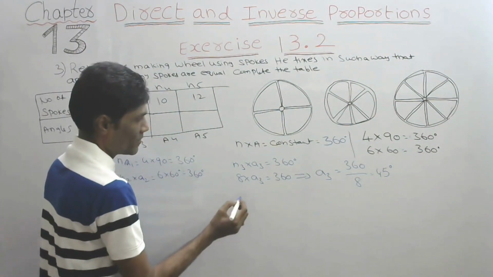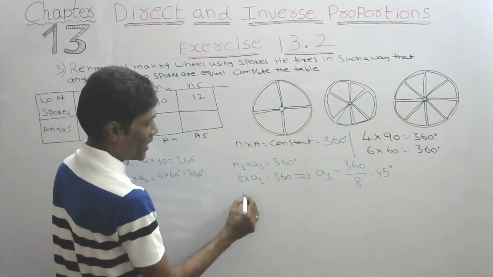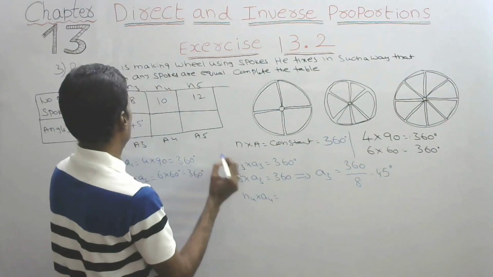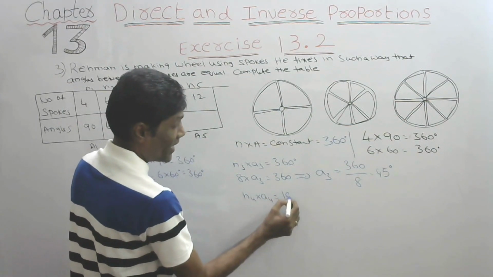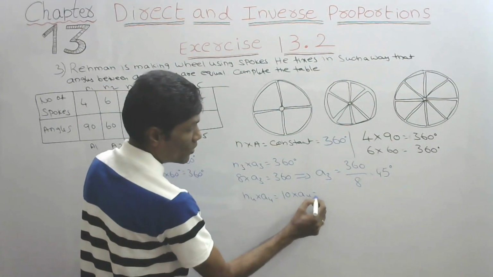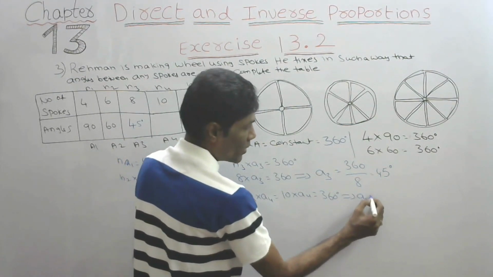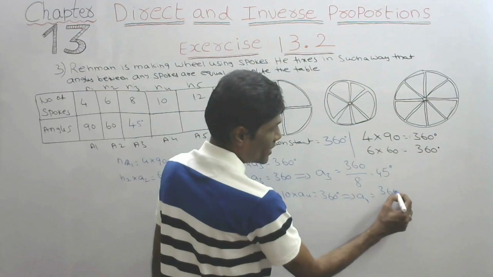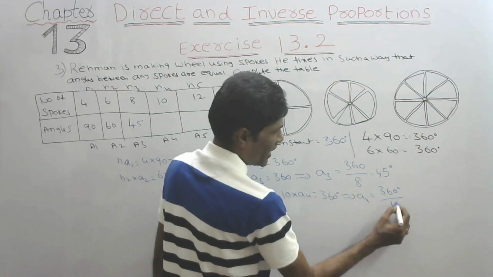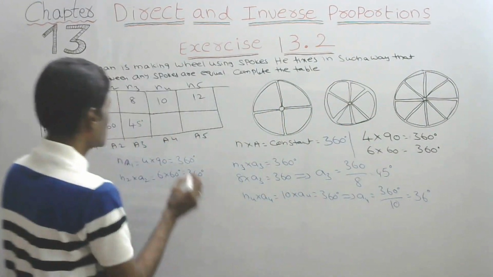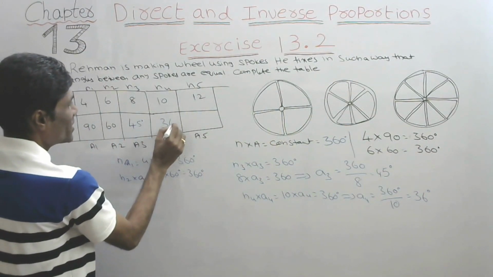Next 10. N4 into A4, that is 10 into A4 equal to 360 degrees. That implies A4 equals 360 degrees by 10. That is 36 degrees. So we got this as 36 degrees.